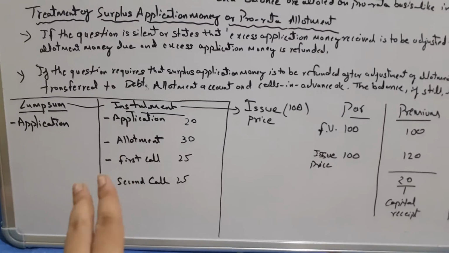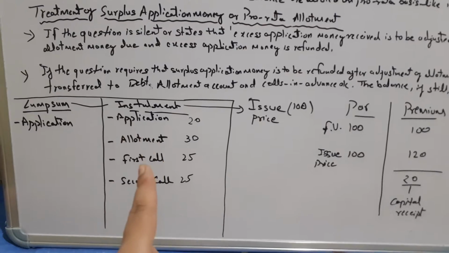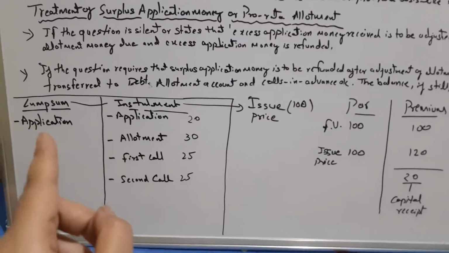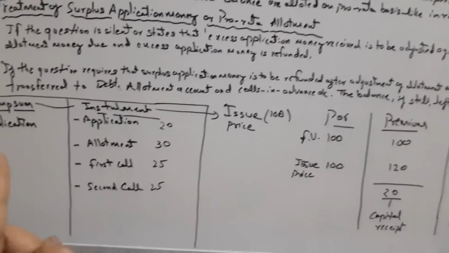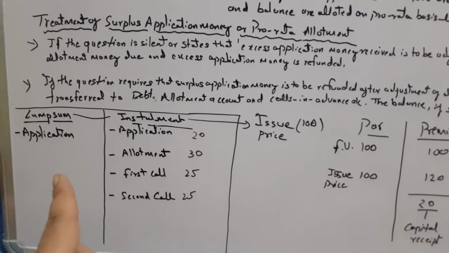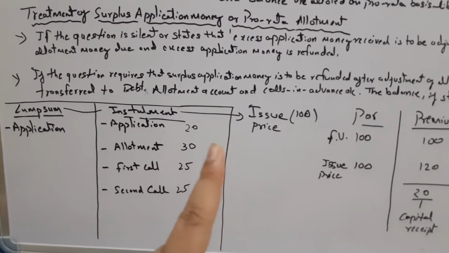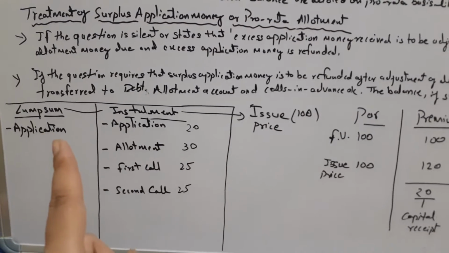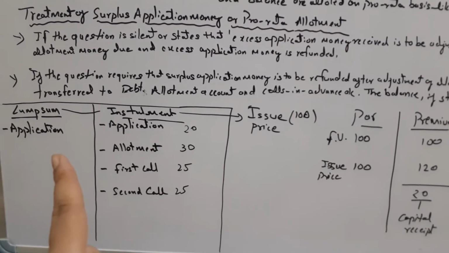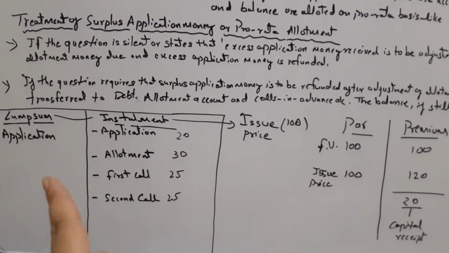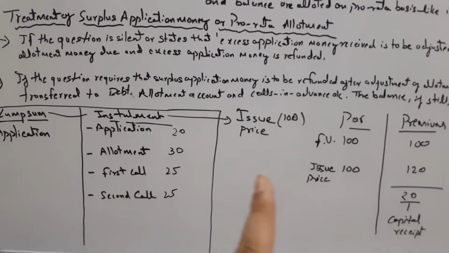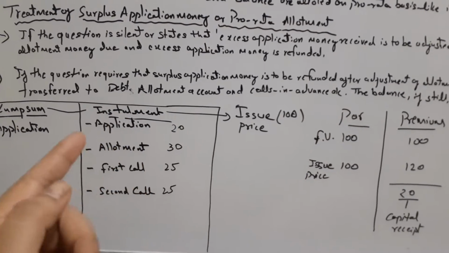It can be of two ways, either lump sum or installment. If the company goes by the lump sum method, the entire amount has to be called on application. That means this 100 rupees of issue price for 20,000 debentures will be called at one stage, on application only. If the company chooses the installment method, this 100 rupees will be divided into stages.